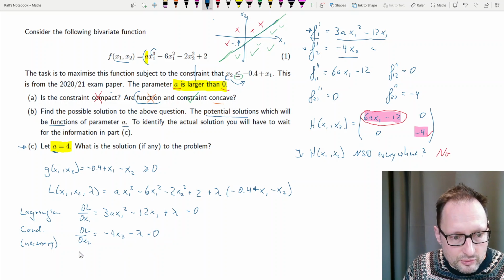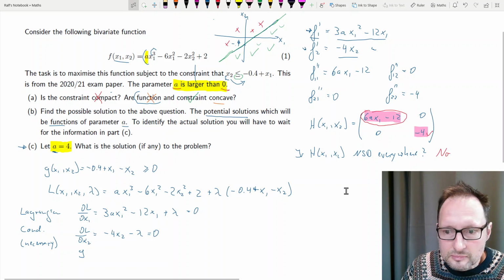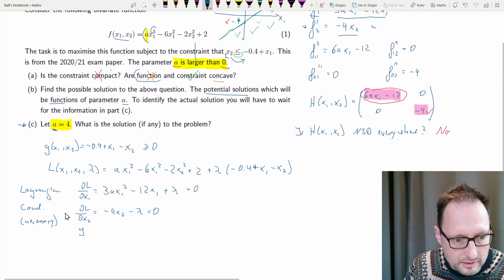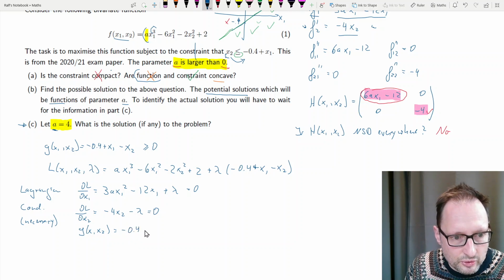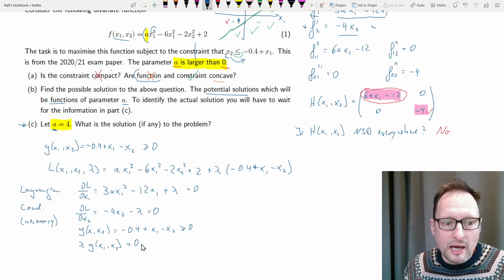Then we know that our constraint, which we have up here, negative 0.4 plus x1 minus x2 has to be larger or equal to 0, and then the complementary slackness condition, which says that lambda times that constraint has to be equal to 0. So here are our 4 conditions.